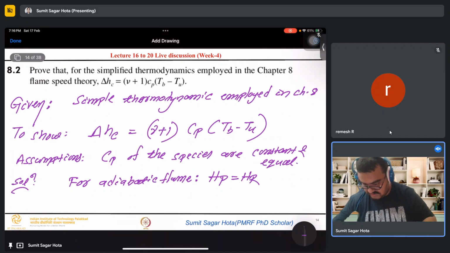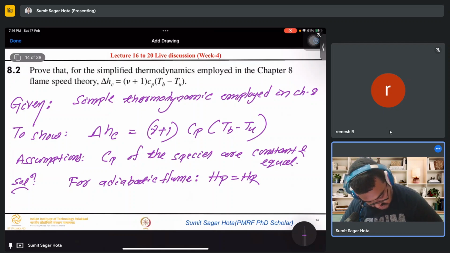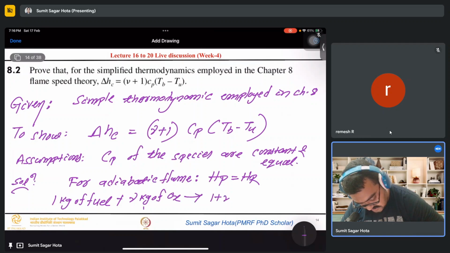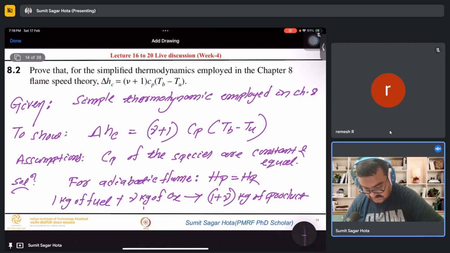So HP is equal to HR. First of all, write down the basic expression for the reaction: 1 kg of fuel plus nu kg of oxidizer gives rise to 1 plus nu kg of product. This is the basic expression you always take while solving this kind of question.